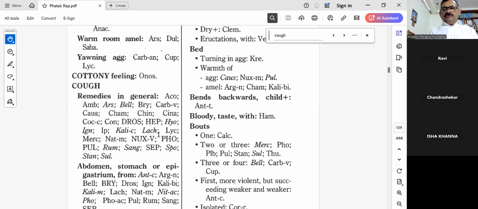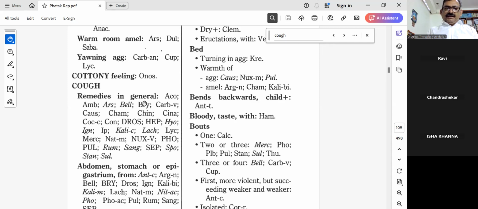How generally, in case of lack of time, what I do is, I directly operate my pendulum on these remedies. And suppose I get Bryonia, one of the most wonderful remedies, frequently used in case of dry cough.